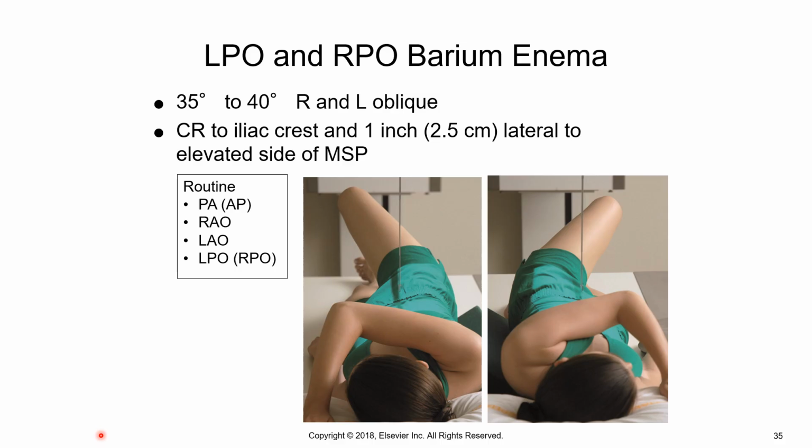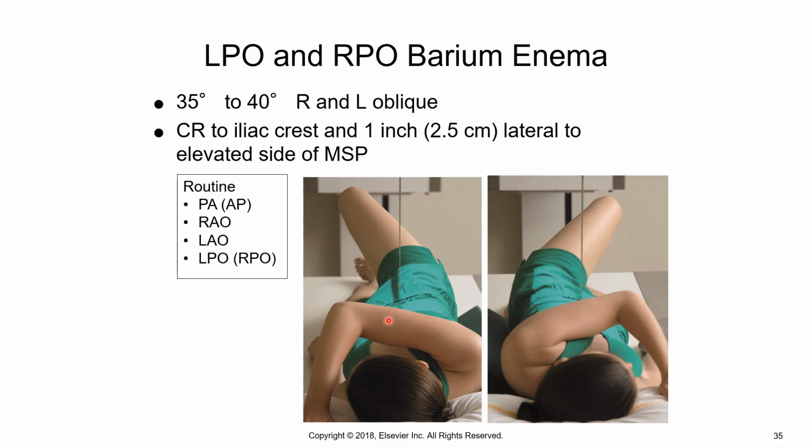Central ray is perpendicular and it's at the crest and 1 inch to the upside. So what that means is if you're looking at the patient and her midline might be right here, the middle of her, this crosshair goes to the iliac crest. This one goes from the middle 1 inch towards the side up.